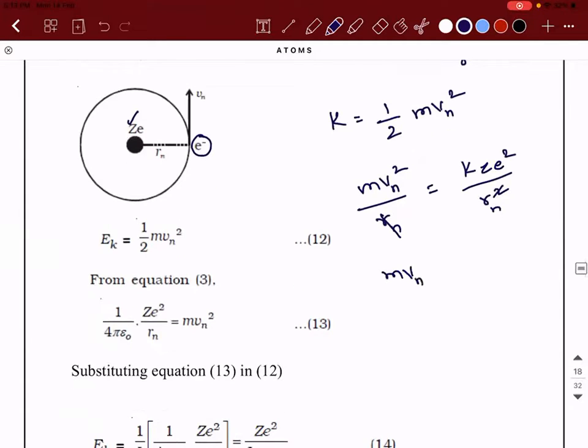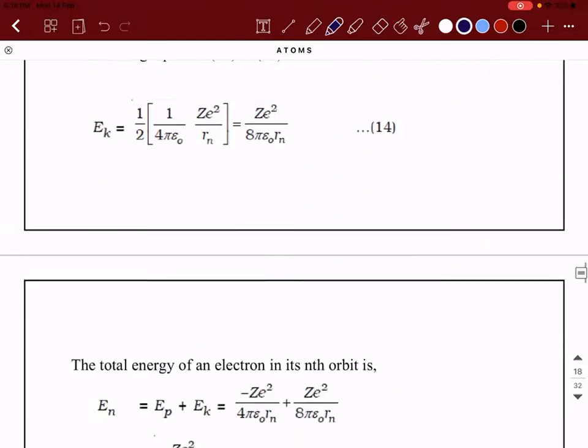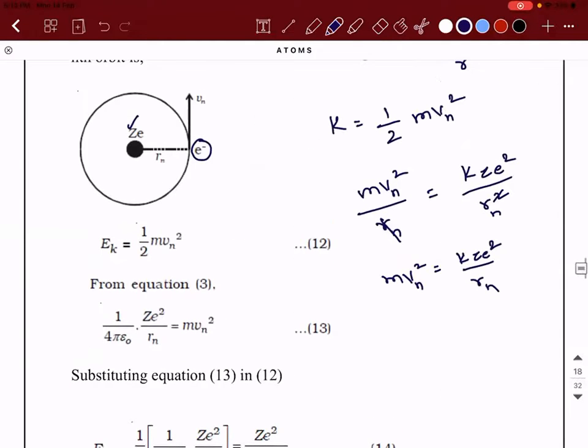Then I can write m into Vn square is equal to kZe square divided by Rn. Any doubt in this? Is it clear or not? No doubt, sir.